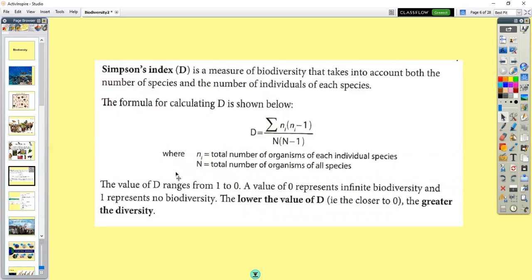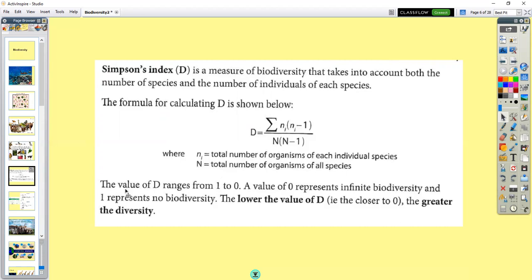In this equation, D is Simpson's index, sigma means the sum of, n is the total number of organisms of an individual species multiplied by n minus 1. So it's the sum of all of those divided by big N, where big N is the total number of organisms of all of the species added up together, multiplied by that number, take away 1.